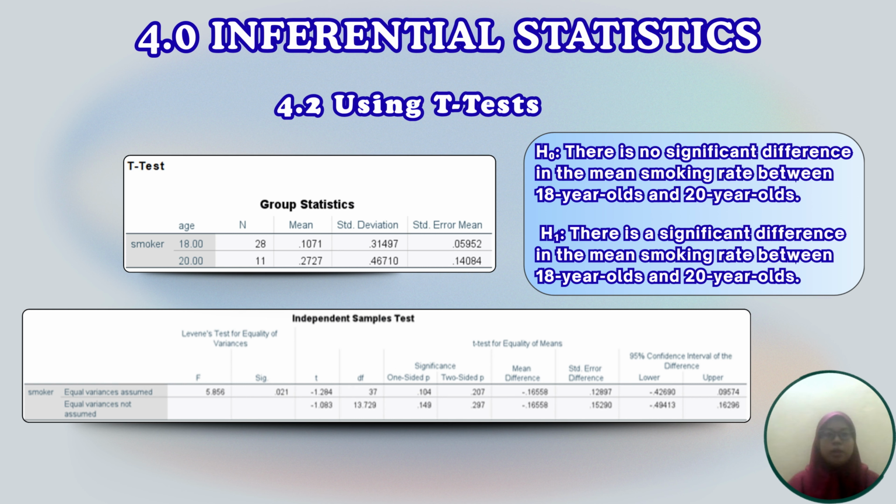The descriptive statistic clearly suggests an initial difference in smoking rates between the two ages. Additionally, the standard deviation for the 20 years old group is 0.46710, compared to 0.31497 for the 18 years old group. This higher standard deviation indicates a much greater variation in smoking behavior as individuals turn slightly older.